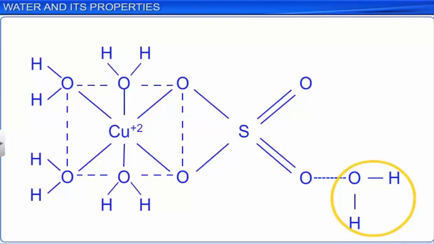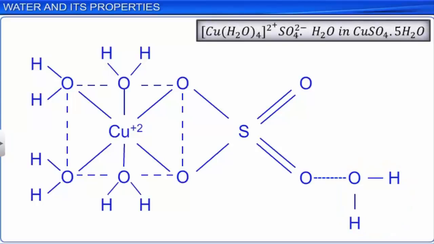For example, in CuSO4·5H2O, one water molecule is hydrogen bonded to sulfate ion, and the other four molecules are coordinated to give [Cu(H2O)4]2+ [SO4]2-·H2O.